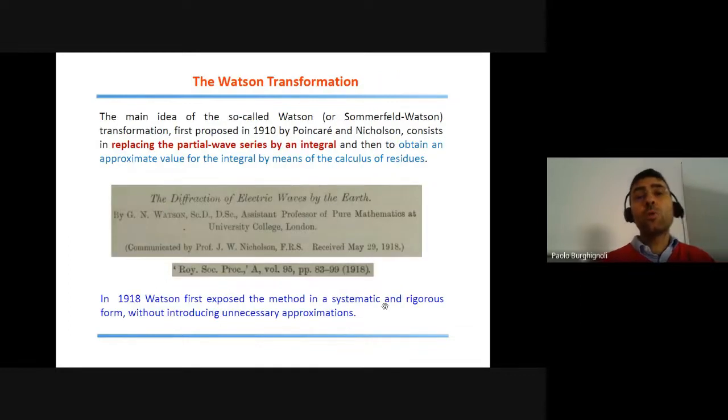So what was first proposed by Poincaré and Nicholson in 1910 and then developed in a systematic and rigorous way by George Neville Watson in 1918, and after him by Sommerfeld as well, was a method which consists in replacing the original solution in terms of a partial wave series by an integral.